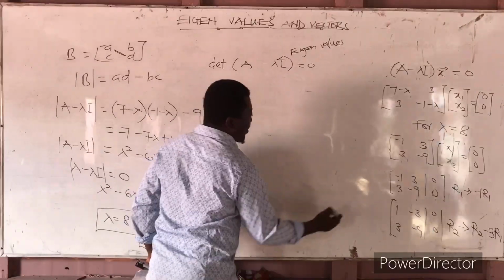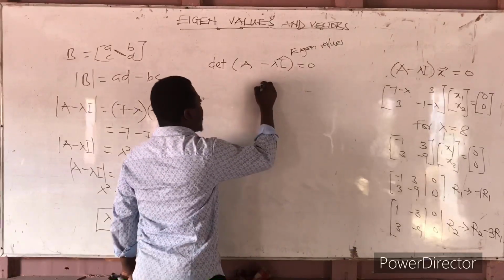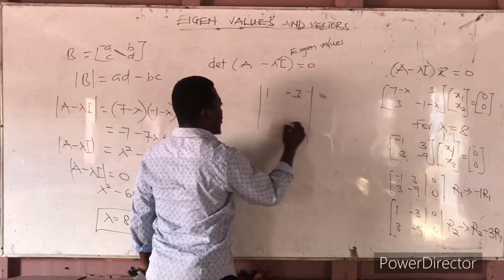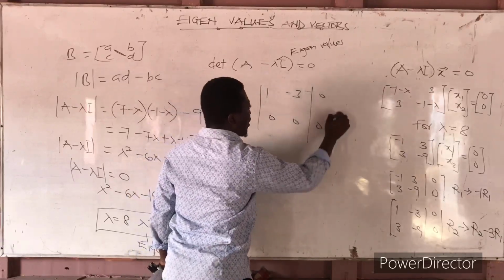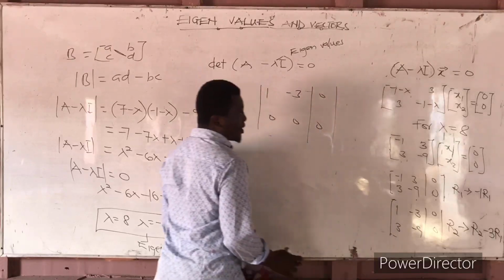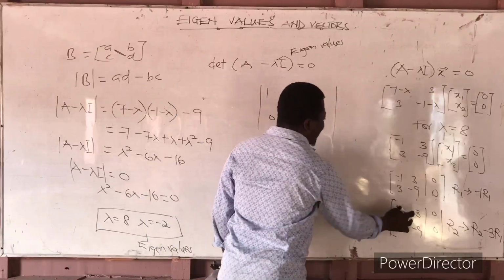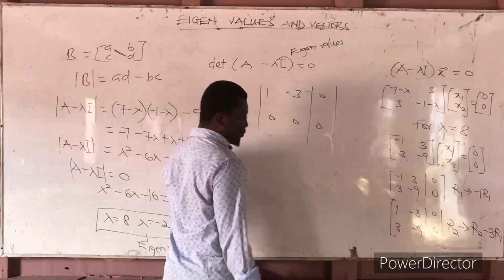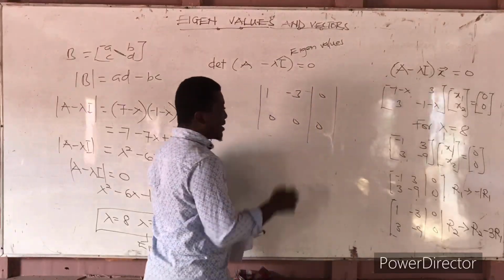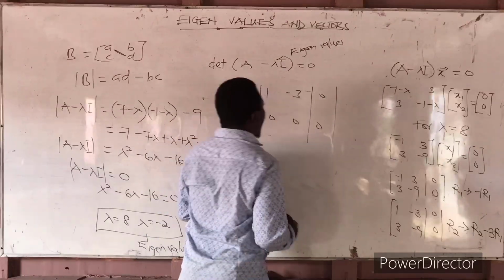After doing that process, you have 1, minus 3, 0, and 0, 0, 0. Why 0, 0, 0? 3 minus 3 is 0. Minus 3 times 3 is minus 9, and minus 9 minus minus 9 is 0. So that's why we have it.